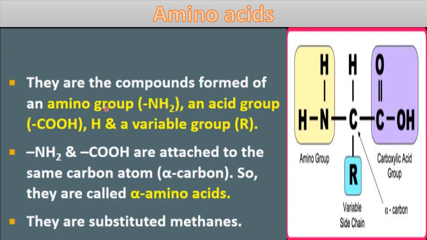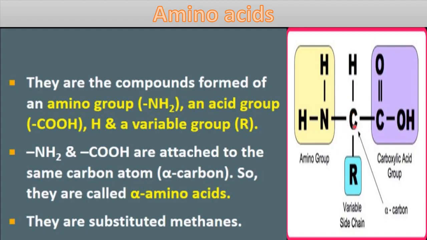That is amino group, NH2, that is a basic group, then an acidic group, that is carboxyl group, COOH, and hydrogen is present, and a variable group is present. Now NH2 and COOH, means amino group and carboxyl group, these are attached to the same carbon atom, that is alpha carbon. So see here, this is the structure of an amino acid, and here you can see all these parts.